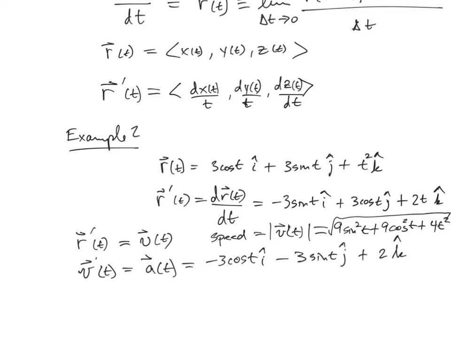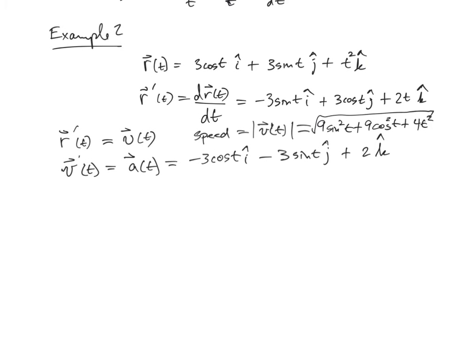Okay, so let's just remember the rules of differentiation. We've got the rules of differentiation for the individual scalar functions that make up a vector function, but we can also talk about the rules of differentiation of the vector functions themselves. For instance, what if we're taking the derivative with respect to t of a scalar function u times a vector function? So what if we've got a scalar function multiplied by a vector function, and we want to find the derivative with respect to t of that product?